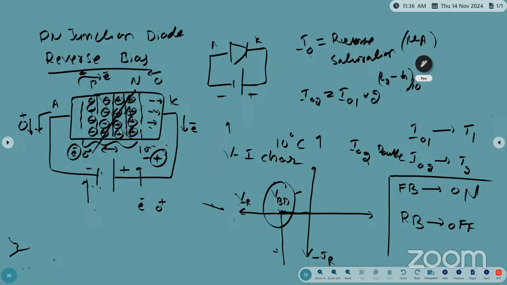So we need to overcome this drawback of the PN junction diode, in reverse bias only, not forward bias. Forward bias works perfectly, but reverse bias has a drawback, the reverse breakdown voltage. Now we need to overcome the drawback.